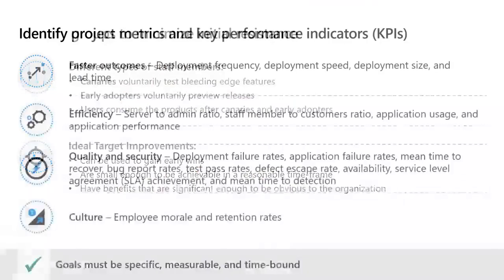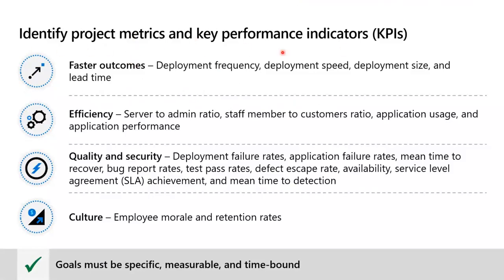Another thing is that, as I mentioned before, you should identify the key performance indicators, such as the time it takes to deploy an application, the deployment frequency, the deployment speed, the deployment size. For example, for the deployment frequency, it is very important to mention that not all the performance indicators are going to make sense.